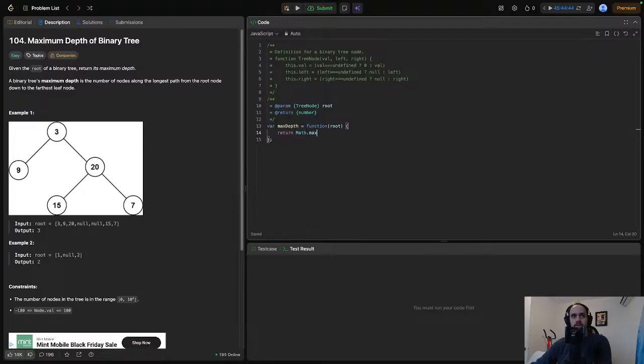Return Math.max, and we'll do if not root, return null, and we'll do maxDepth of root.left, and maxDepth of root.right, plus 1.